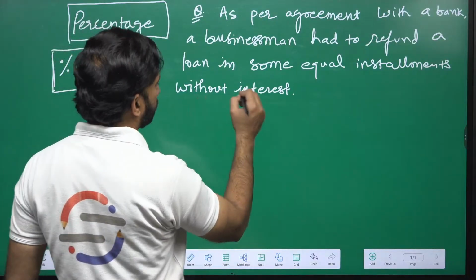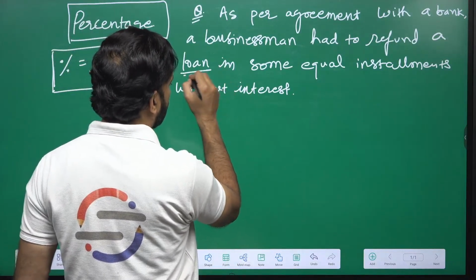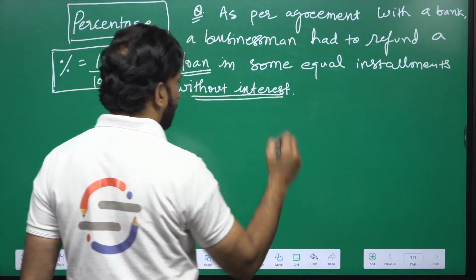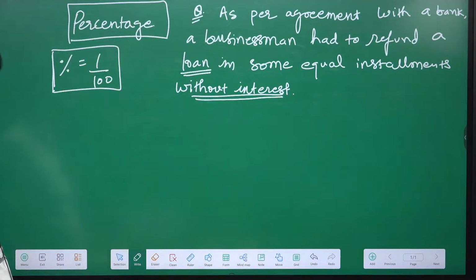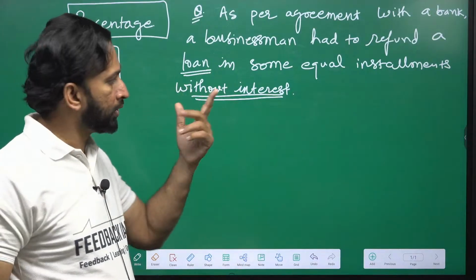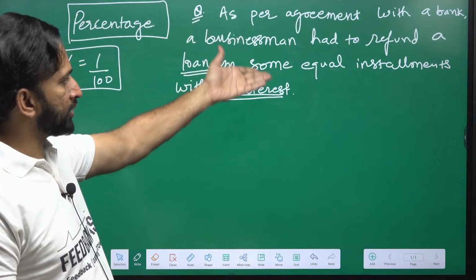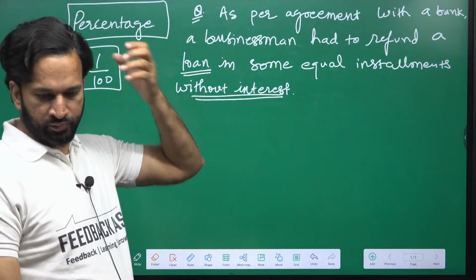The language of the question is that you have to return the loan without the interest. So no interest will be paid in refund of the loan. A businessman has taken a loan from the bank, and that has to be returned but without the interest.